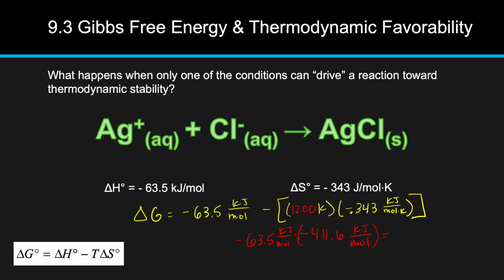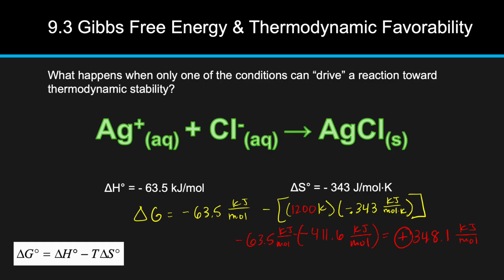And that is going to give us a value of positive 348.1 kilojoules per mole. And we know if we have a positive value for delta G, it is not thermodynamically favored. So we know if both delta H and delta S are negative, a high temperature is going to make this system not thermodynamically favorable.